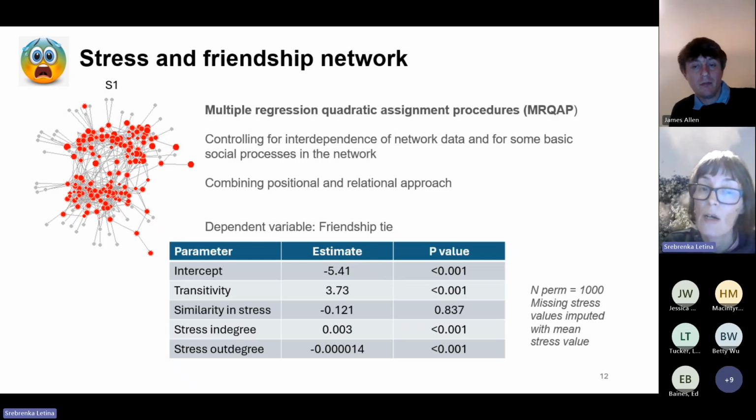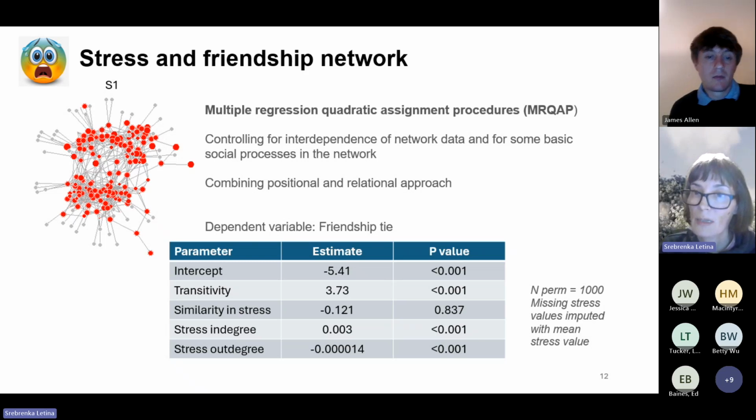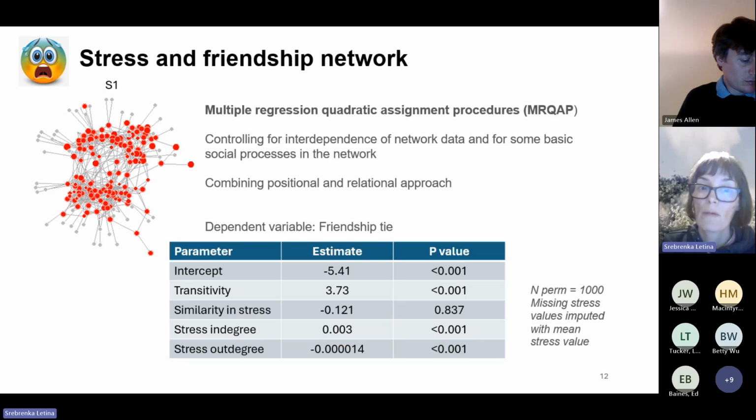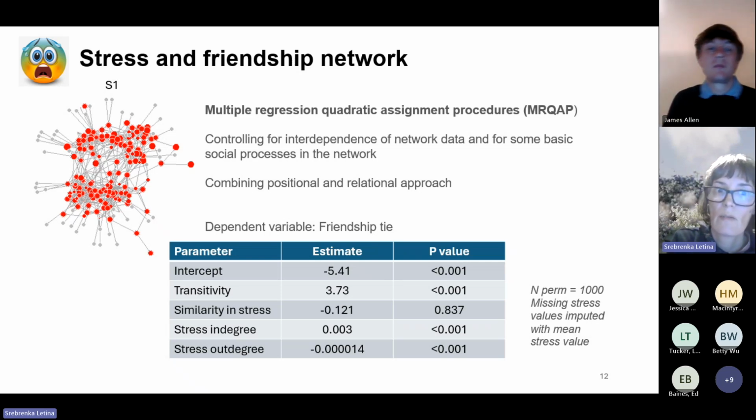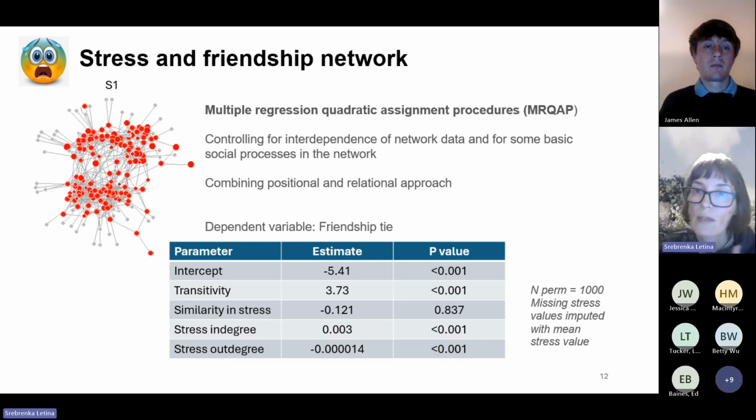You can see here for this network that transitivity was an important process: the probability of having a tie is bigger if you share a friend, and there is no similarity in stress among pairs of connected individuals. But there is some tendency of those who have higher stress to have higher in degree, although that estimate is really small, and to have lower out degree. So, just an example, and we got similar results for anxiety as well. We are just starting to model this, just to have this in mind.